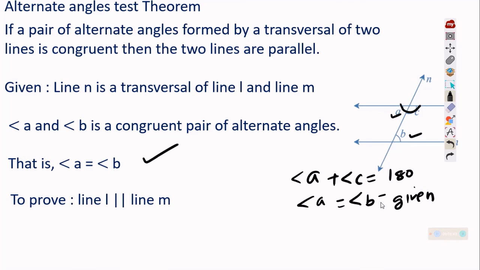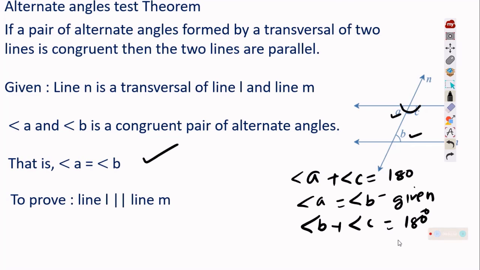That means if you add C with A you get 180, and in that case A can be replaced by B. So in the next line we can simply write that the interior angle B plus angle C is also equal to 180. Correct?